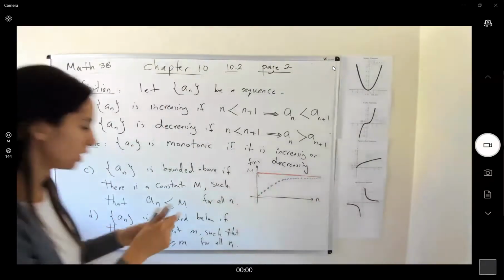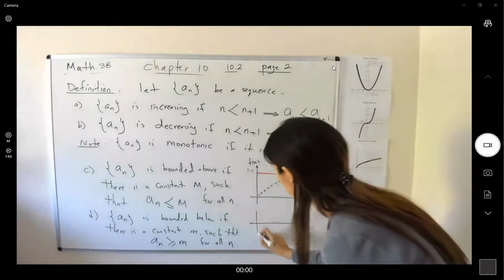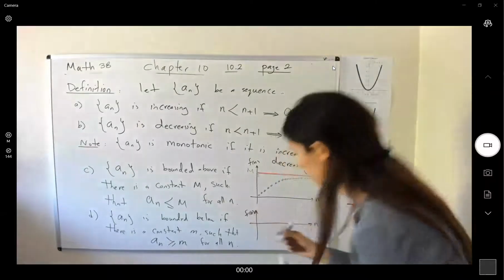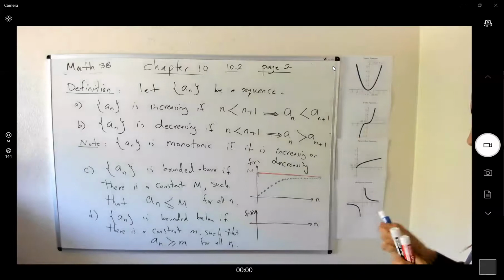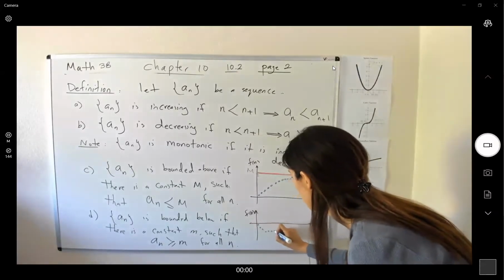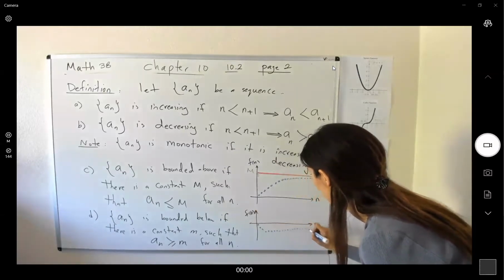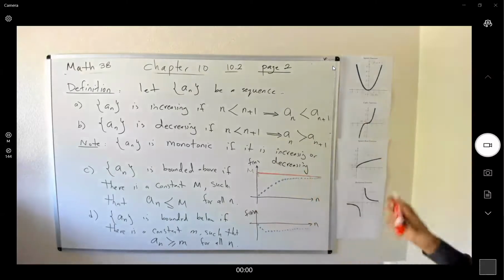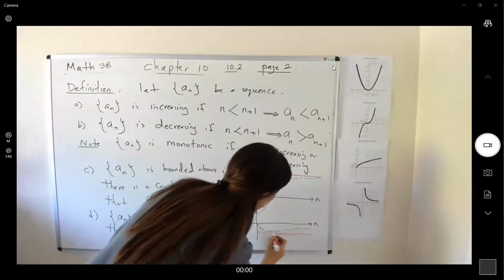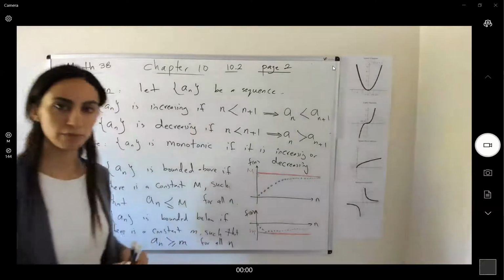You can say that your sequence is bounded below by another constant if it behaves like this. Suppose it starts going this way, and then it continues the behavior like this. All of the terms are bounded below by this constant function m.